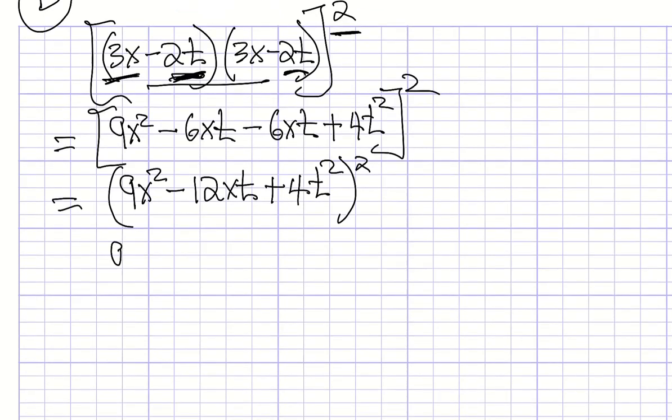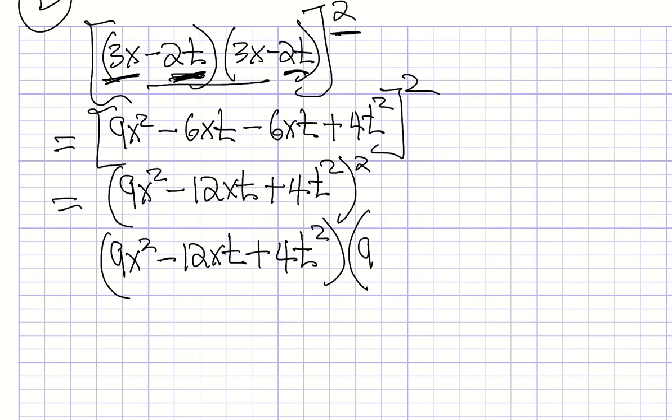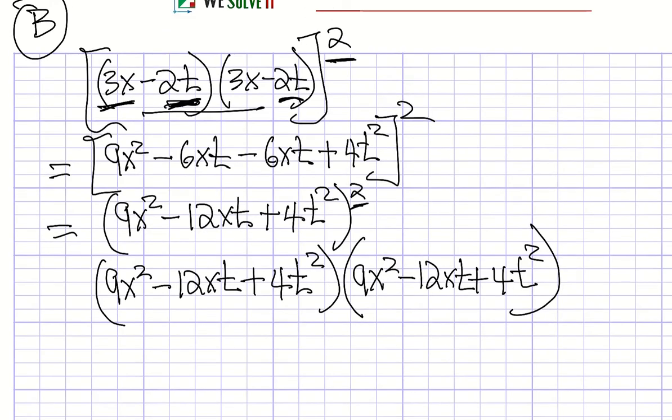We'll have to do 9x squared minus 12xt plus 4t squared, and we're going to multiply it like that. See, we're going to do that multiplication.